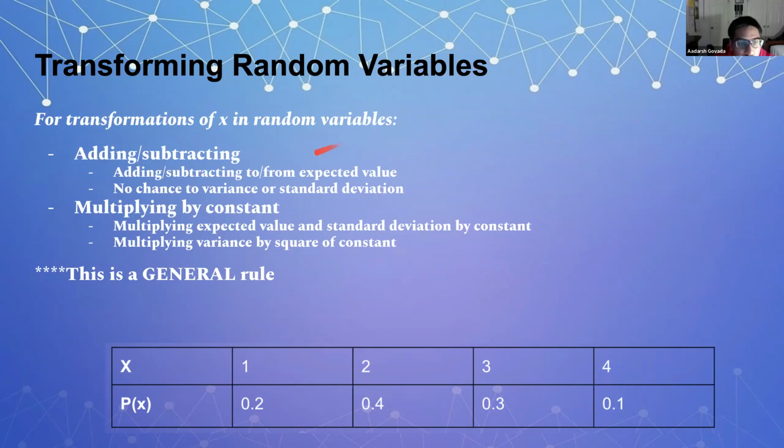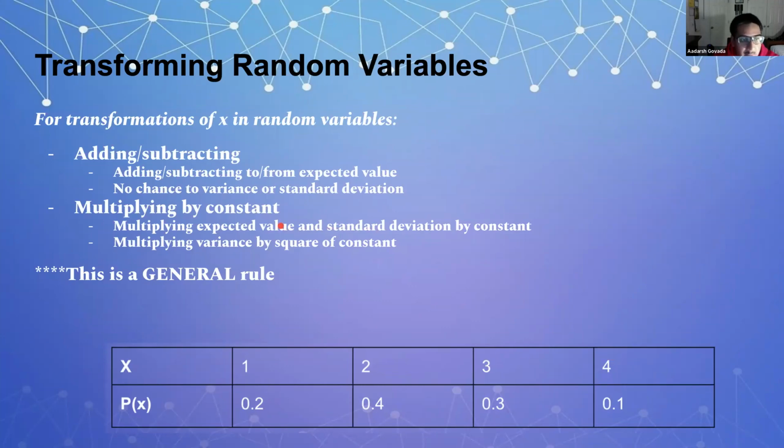So as we said, if you want to add something to each value of x or subtract something from each value of x, right? So for example, if we were to add a constant like 5 to each of these, so instead of this being a 0.2 chance of landing on 1, it will be a 0.2 chance of landing on 6, and this would be 7, 8, 9, right?